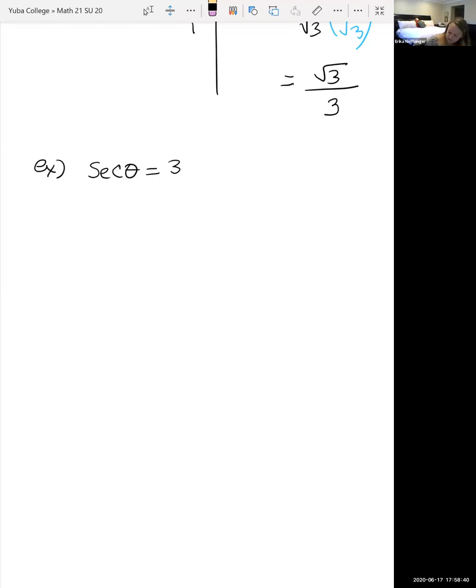Okay, so I kind of went to a harder one so that we can do the easier ones. Any ideas on how you would find the 5 remaining trig functions knowing that secant theta is equal to 3?